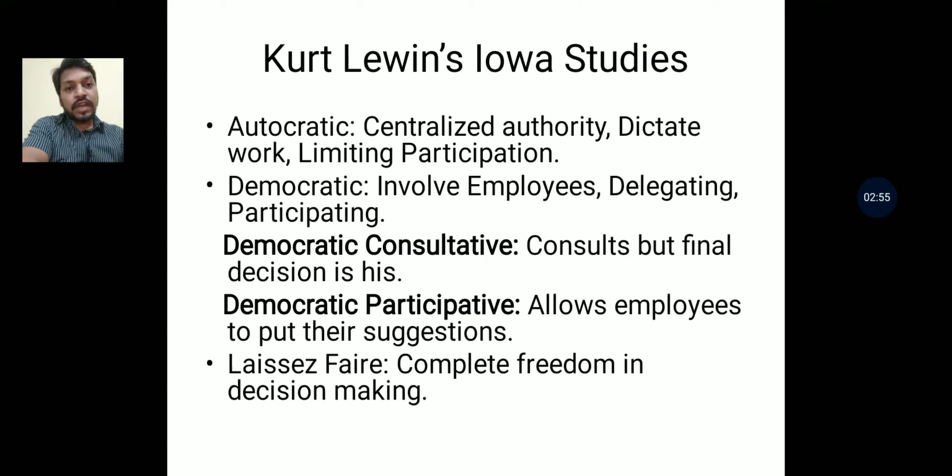And democratic participative, wherein he allows the employees to put in their suggestions, and their suggestions can sometimes be taken and permanently implemented. So these are 2 kinds of democratic leadership styles. And the last one is laissez-faire, wherein the leader gives complete freedom to everybody in the company for free decision making. So this was Kurt Lewin's Iowa studies. He showed that these are the behaviors in which a particular leader can behave.